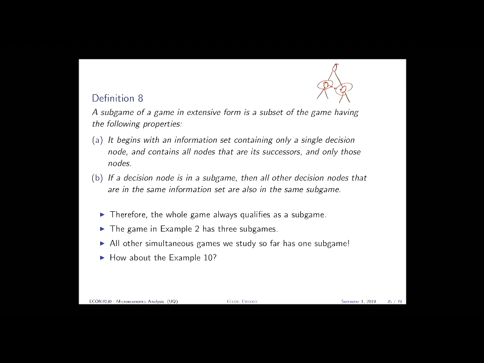So we cannot have two different subgames where one decision node is in one and the other is in the other. Okay? So this only happens for a game that has simultaneous actions.